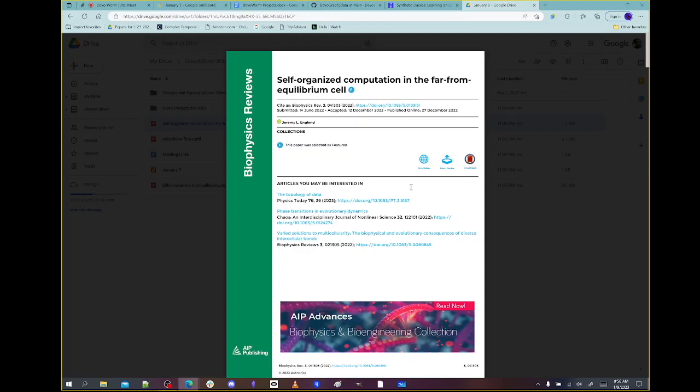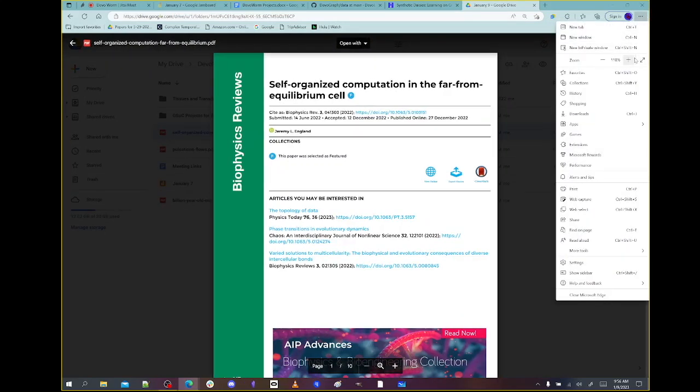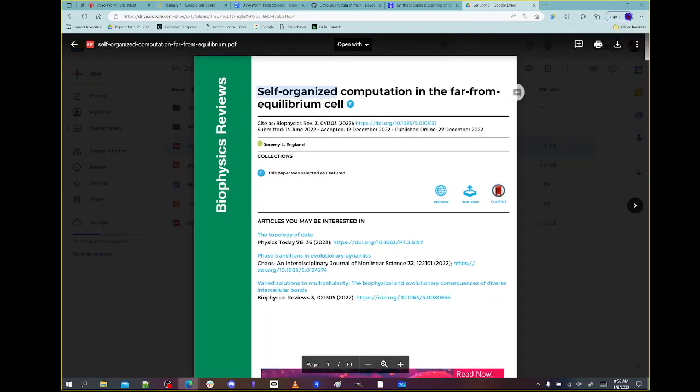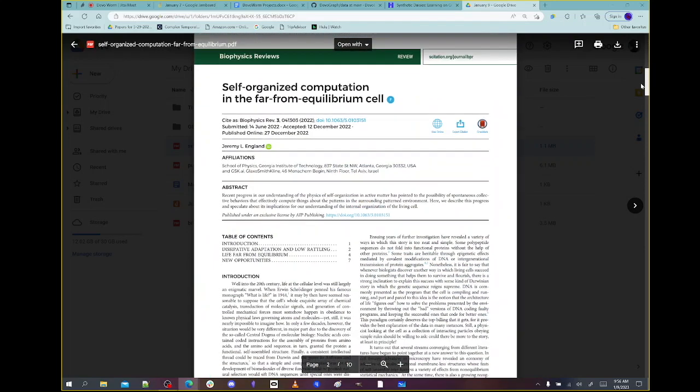I can't remember what university, but he published this paper recently on self-organized computation in the far from equilibrium cell. And this is in Biophysics Reviews, I believe. This is an interesting paper.